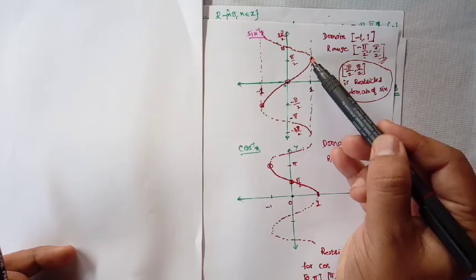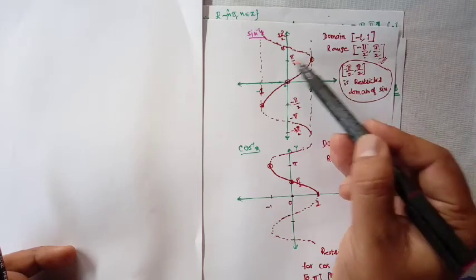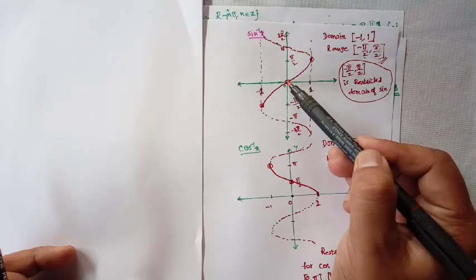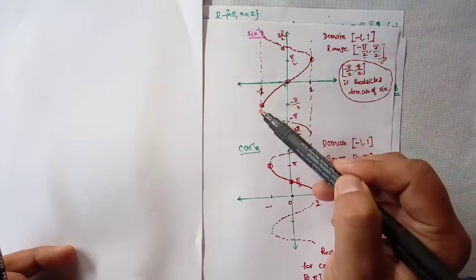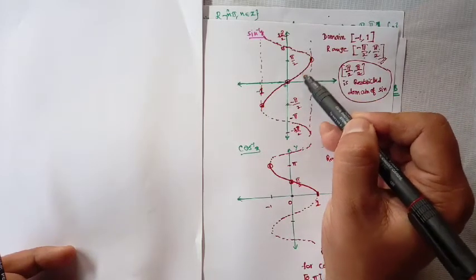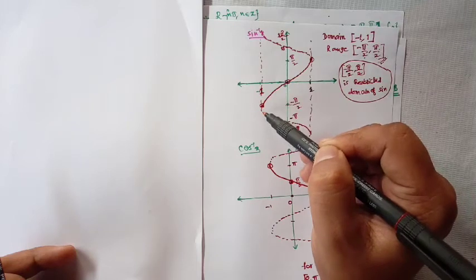Sine pi by 2 is nothing but 1, so at pi by 2 we make it 1. Sine 0 is 0 as usual. Sine minus pi by 2 will become -1. So joining all of this from here, this is going to be your graph.